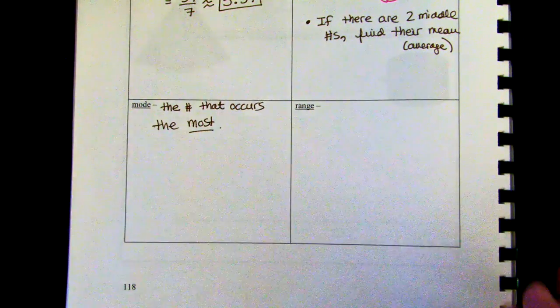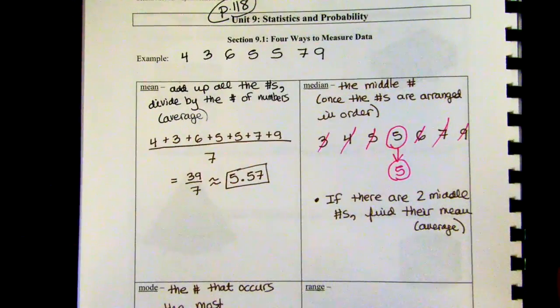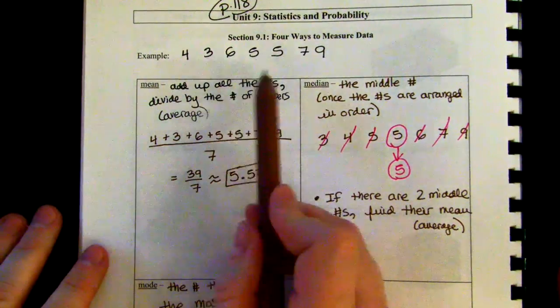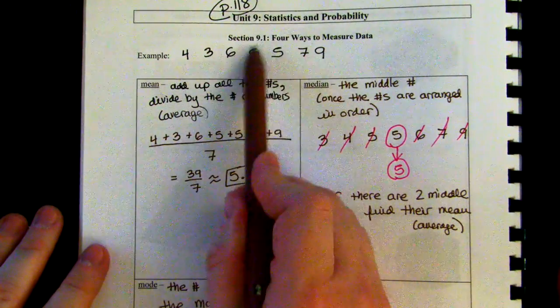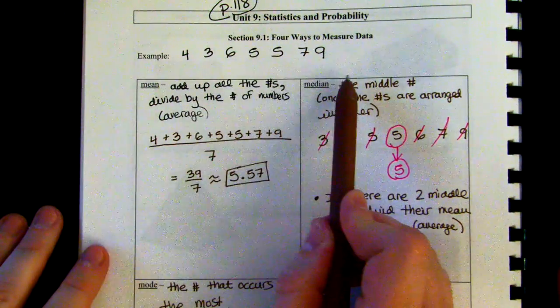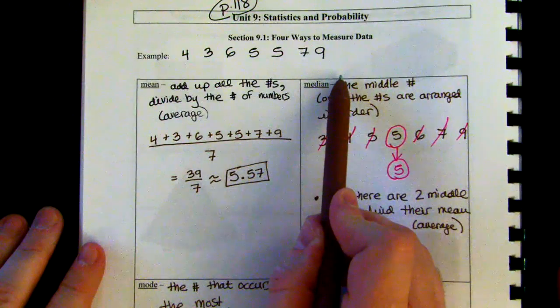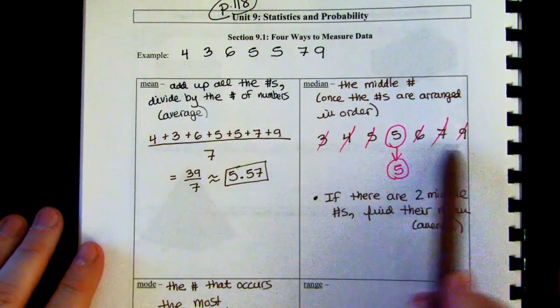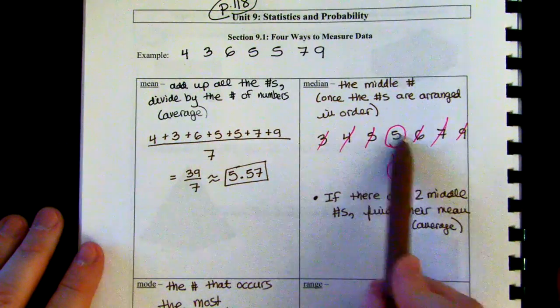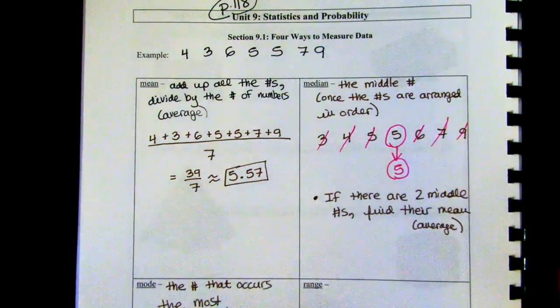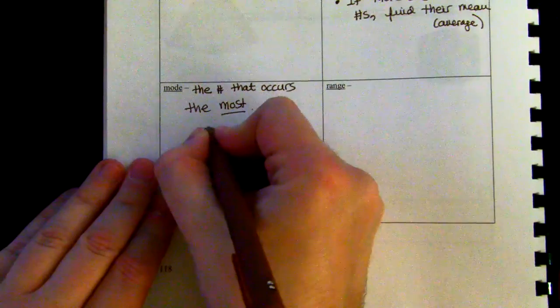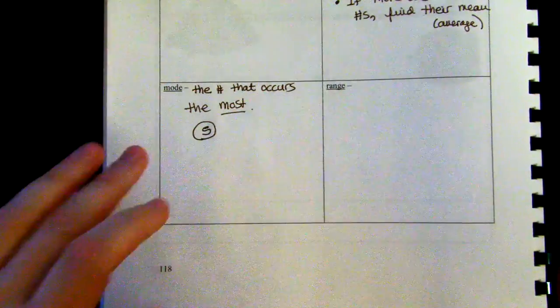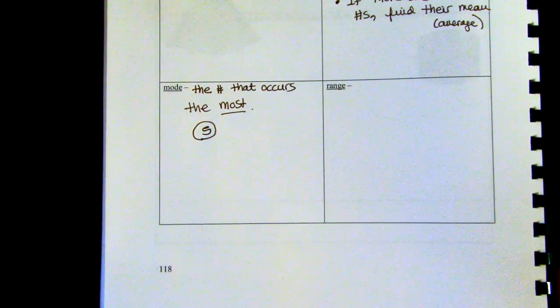So if I go look at my numbers, 4, 3, 6, 5, 5, 7, 9, I think those 5s are showing up more than the other numbers I have. My mode is going to be 5. Might even be easier to see it if we look at the numbers that are in order. I've got a 3, a 4, 2 5s, a 6, a 7, and a 9. 5 is our mode, showing up the most often.